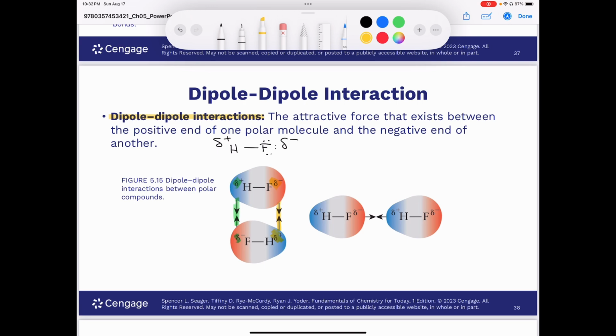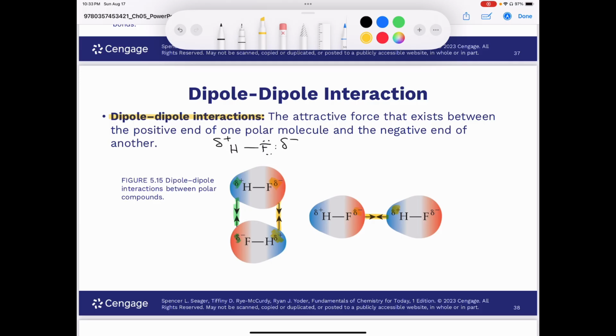You can also see end to end here between these two molecules where the delta negative of this fluorine is attached to the delta positive of this hydrogen. So again, whenever you have two molecules that have dipole moments, the delta negatives and the delta positives, as well as the delta positives and the delta negatives, they are going to be attracted to each other. And that's another kind of dipole intermolecular force.